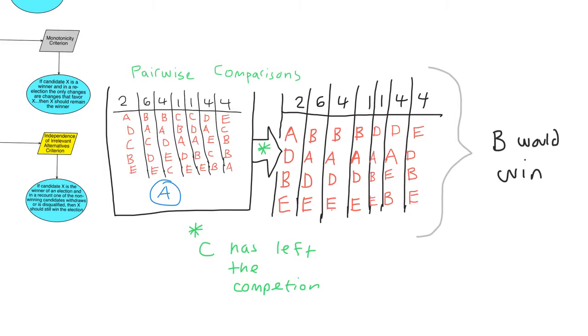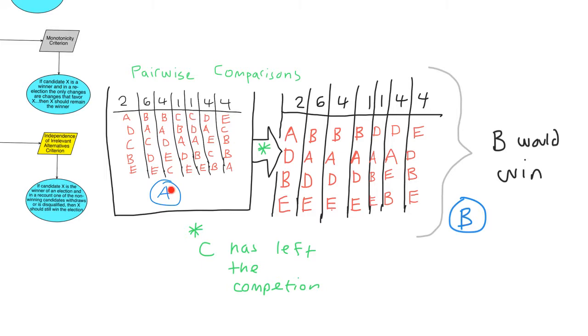So I'll put a circle around B. In other words, during the first vote and the first preference schedule, A was the winner. C left the competition. There was a recount. And after that, B wins.